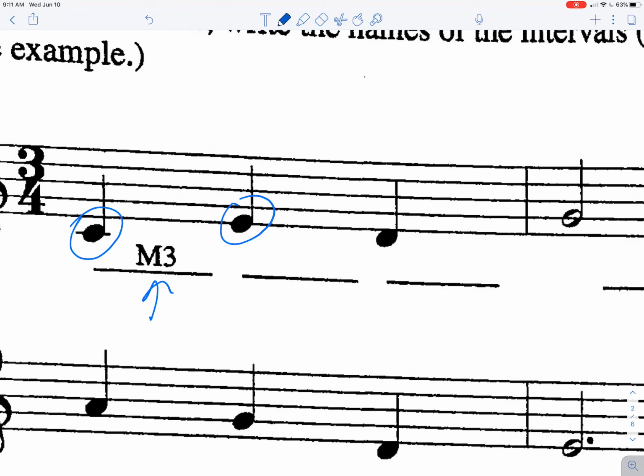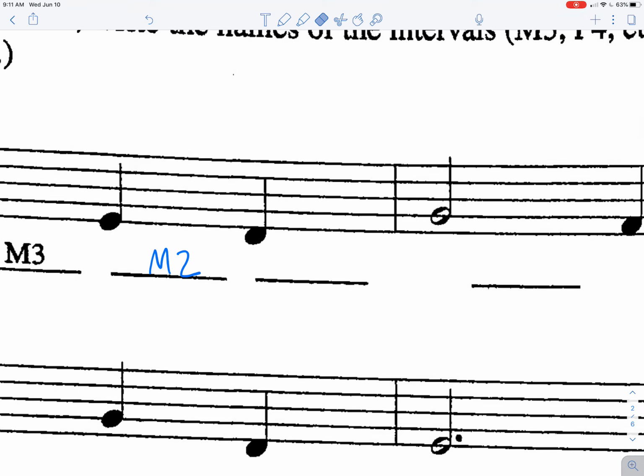So we've got first the distance between C and E, which is a major third, as we've been told. And then we're going to have the distance between E and D natural, which is a whole step, which means that is a major second.